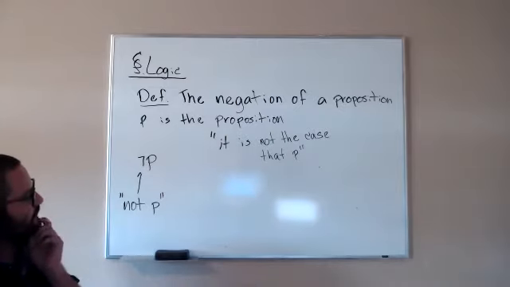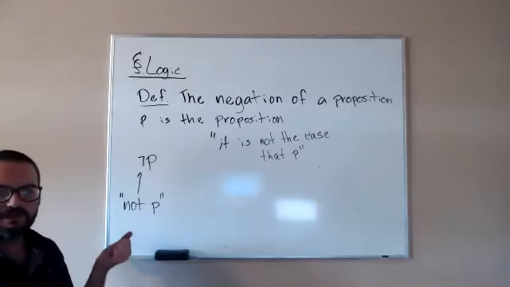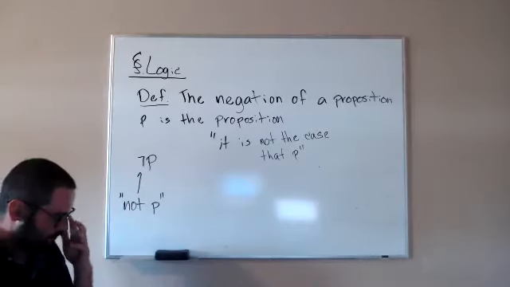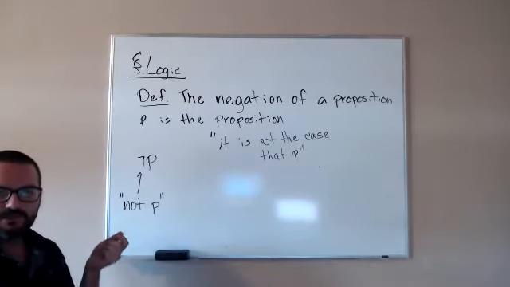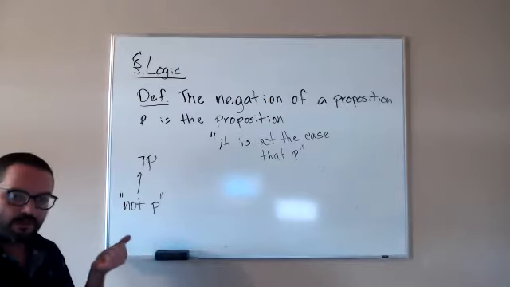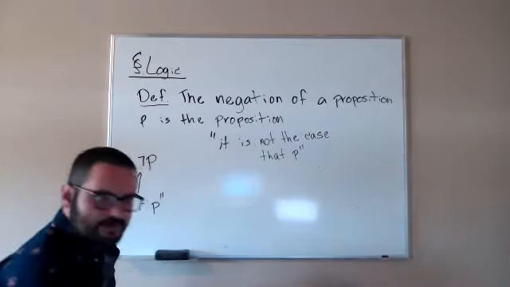So with our previous propositions that I erased, the P and the Q, the negation of P would have been, it is not the case that UHD is a public university. Now that is a false proposition, which leads me to our first, what's called the truth table.